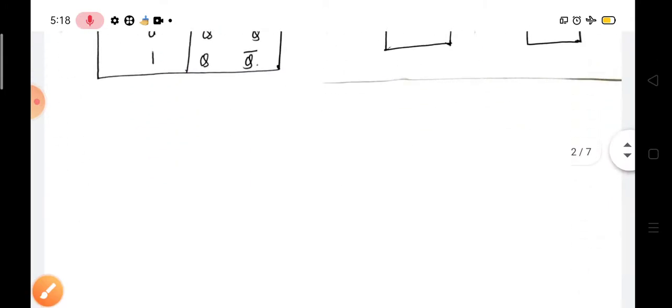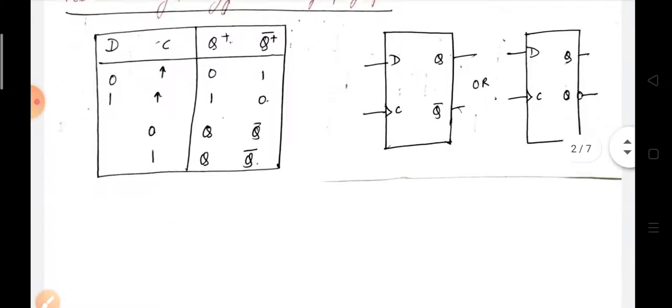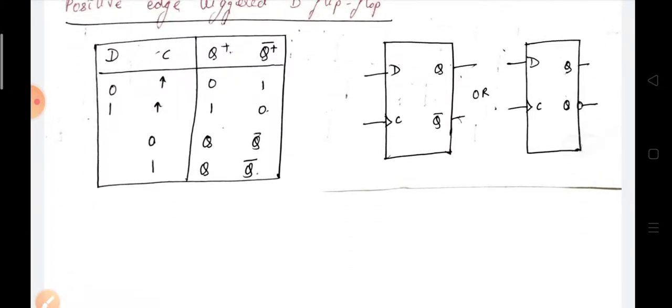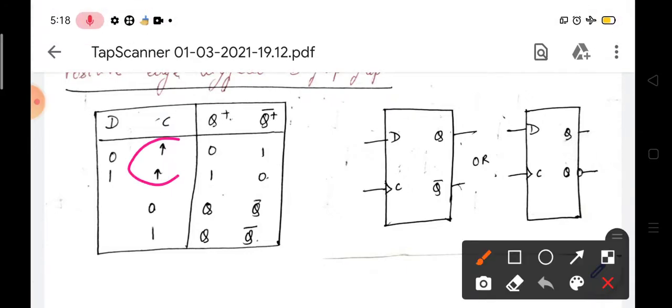See this symbol, this symbol indicates that D appears at the output during the positive edge of the clock. And this triangle which you are seeing here indicates that C is a positive edge sensitive input.